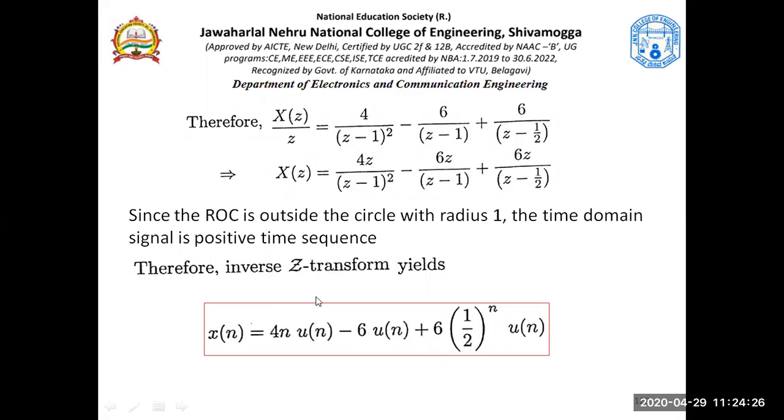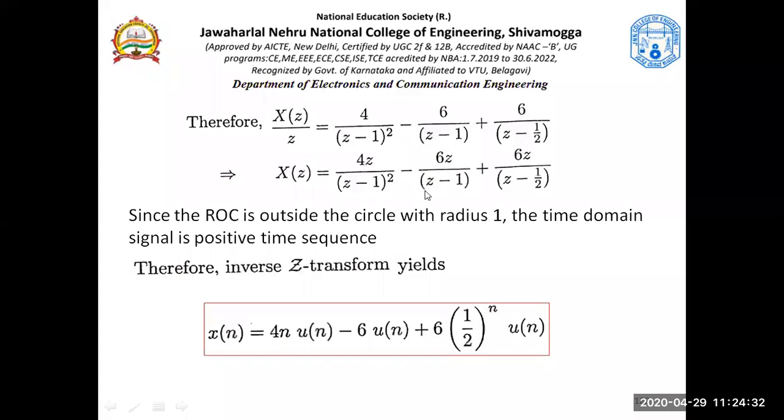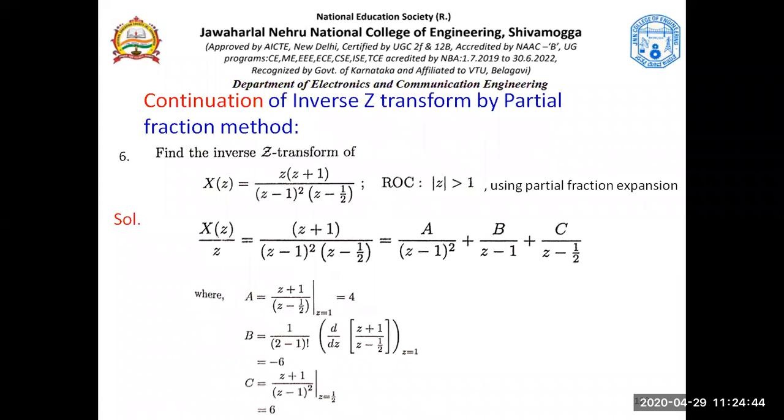So it is n u of n. 4 times this, z by (z minus 1) squared, is n u of n. Understand that? This is 4 n u of n minus 6 u of n plus 6 half power n u of n. So I just took this example because there is a repetitive root, and if you know how to expand this in the partial fraction method and how to find these constants, you are through. So I just covered this example because I had not taken this before.